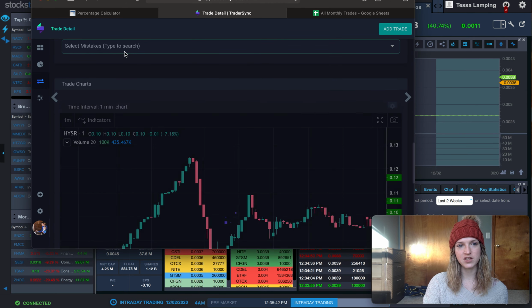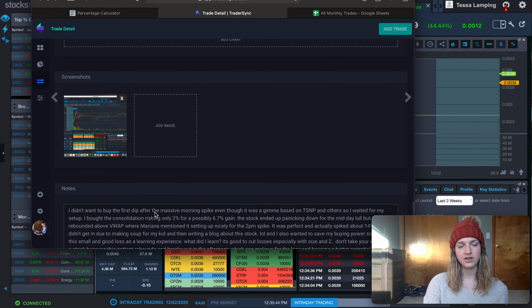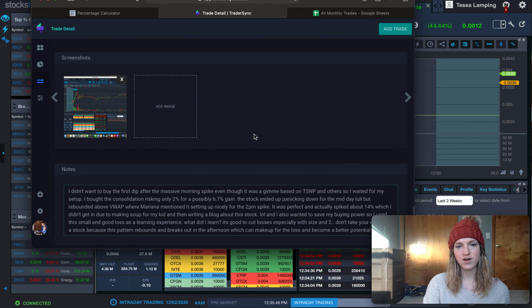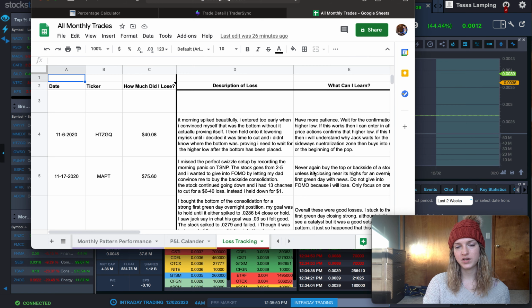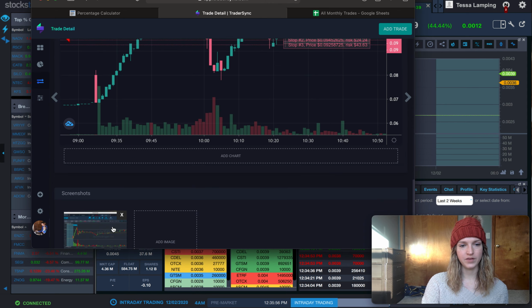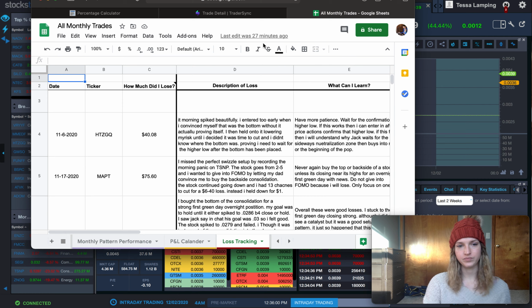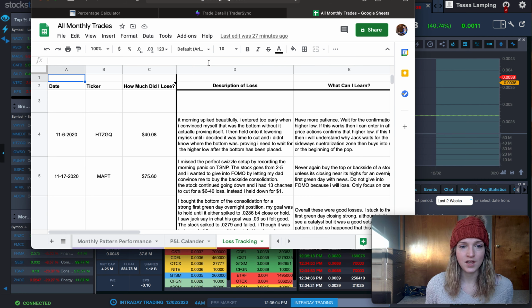You have your mistakes right here, and then you can add pictures, like I said, but then you can journal it. So I take what I write here and I put it in here, but I break it down as well, which that's what you're supposed to do in this section. But I'm just copying Tim Bertani on this aspect and doing it this way.